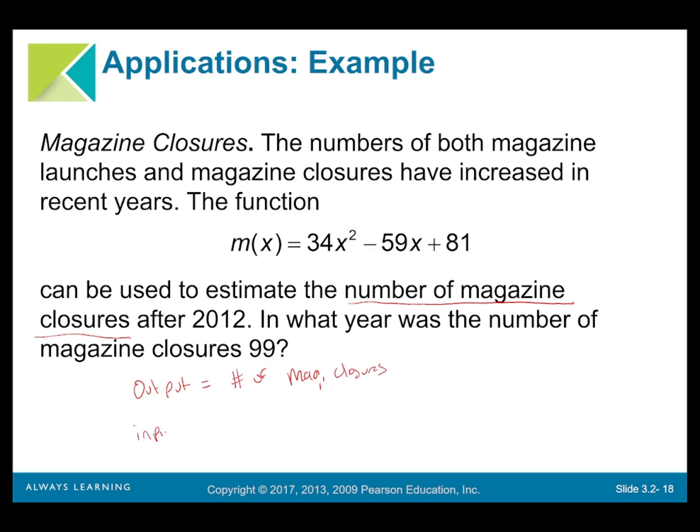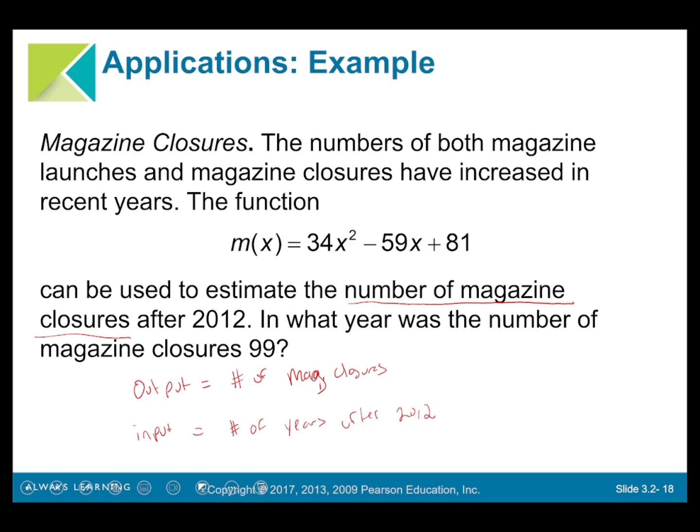The input is the number of years after 2012. That's going to help us understand how to answer the question, in what year was the number of magazine closures 99? Because now we know the output is 99 and we're solving for the input.